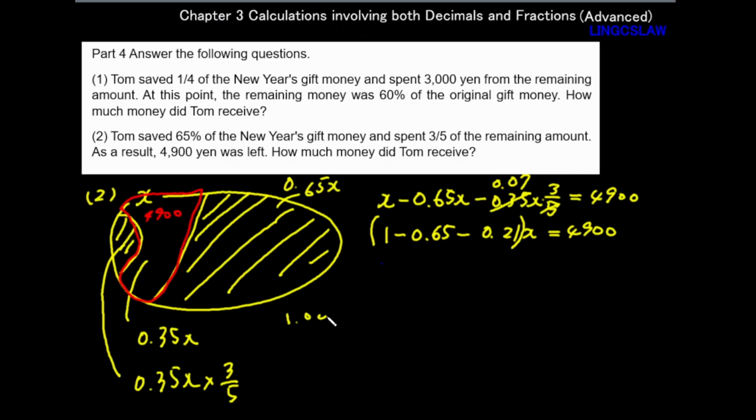1 minus 0.65 minus 0.21 equals 0.14. Okay, so 0.14x equals 4,900. So let's divide this by 0.14.